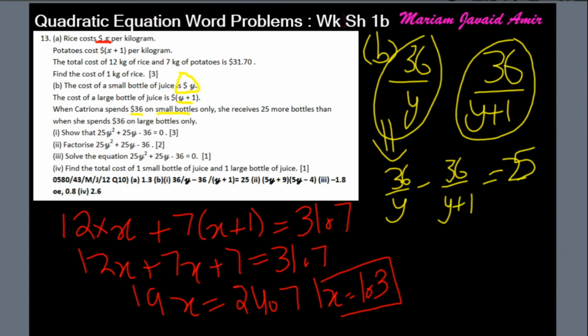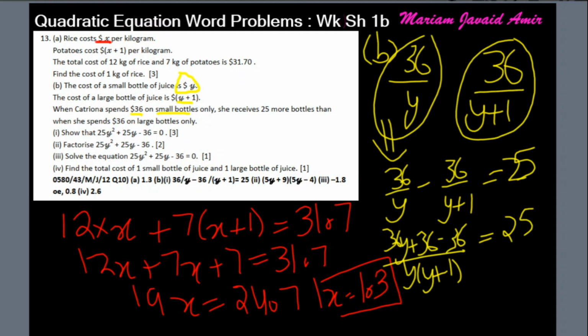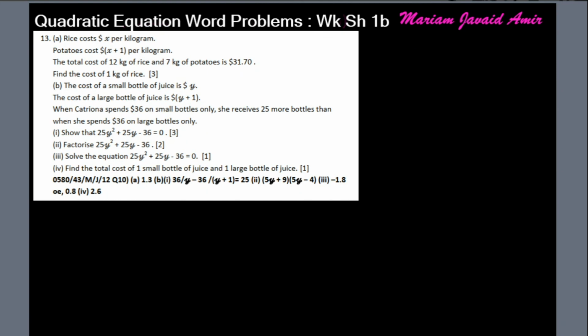Alright, now simply take LCM and simplify. We get 36y plus 36 minus 36y over y times y plus 1 equals 25, and we get 36 equals 25y square plus 25y, and when we rearrange, we'll get this equation. Alright, next part says factorize this.